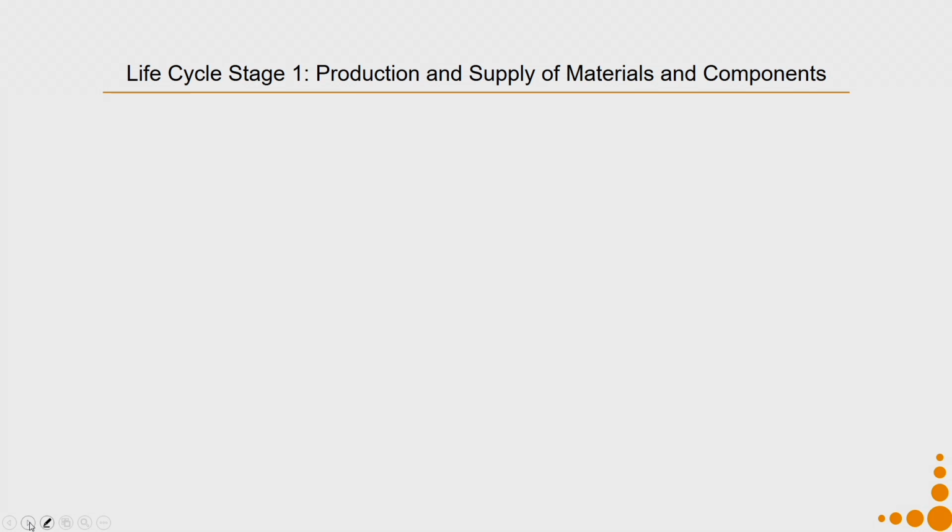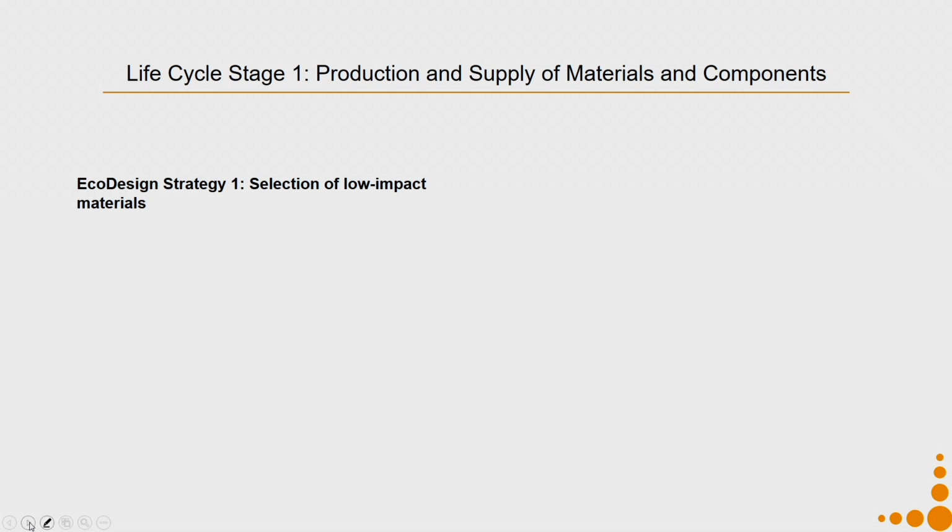So, what are my strategies at the life cycle stage of production and supply of materials and components in order to achieve sustainability? My first group of strategy is called selection of low impact materials. So, what can you do in this context? You can select clean materials.